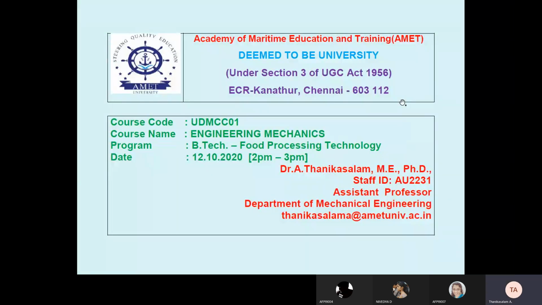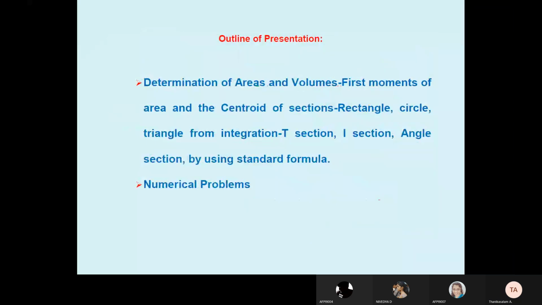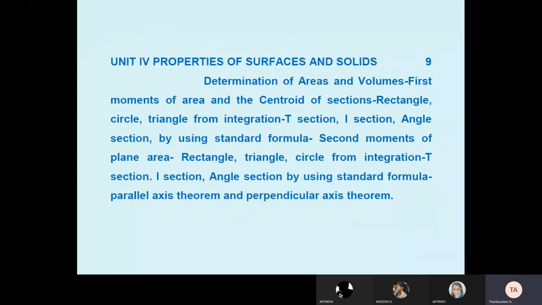Okay, good afternoon, students. We are starting Unit 4, properties of surfaces and solids. The topics are determination of areas and volumes, first moments of area, and the centroid of the sections: rectangle, circle, triangle from integration method, then T section, I section, angle section by using standard formula.